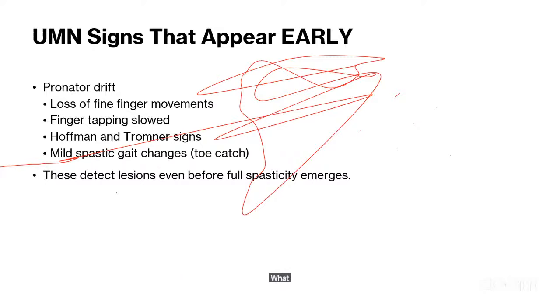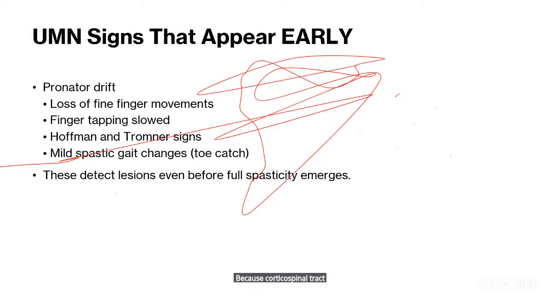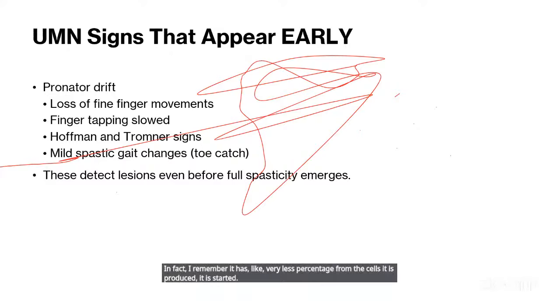What is the exact origin? You have to tell the percentage also. How many fibers originate from where? This should be very clear in your mind because corticospinal tract doesn't mean only from the cortex. I remember a very small percentage being from the Betz cells.